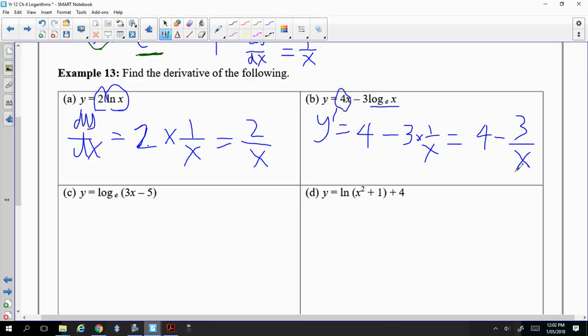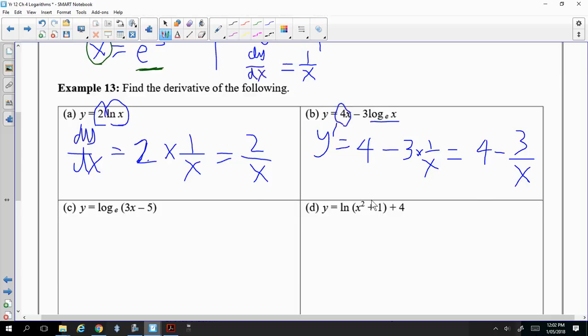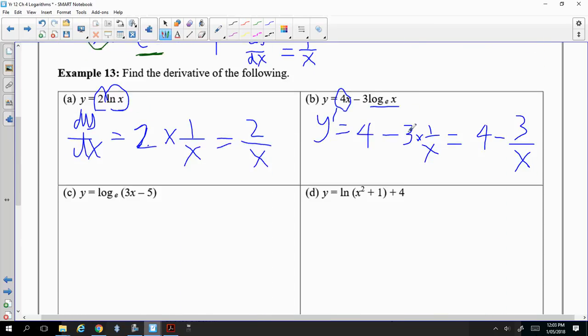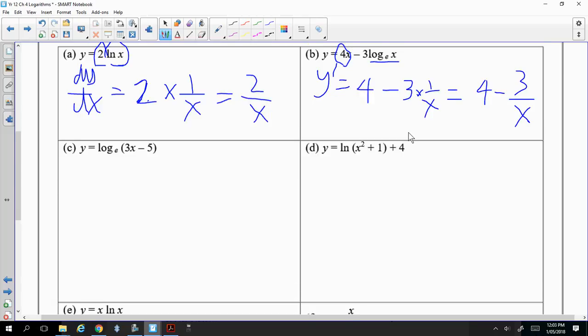All good? No questions? All right, the next one requires you to use this formula, f dash of x over f of x. To differentiate the log of this function, where your function f of x is 3x minus 5, the derivative of that will be just 3.